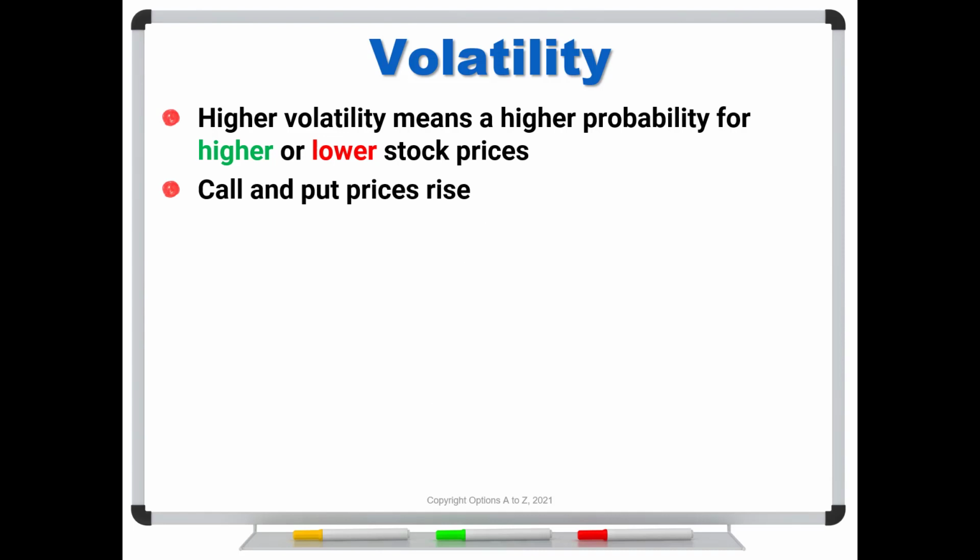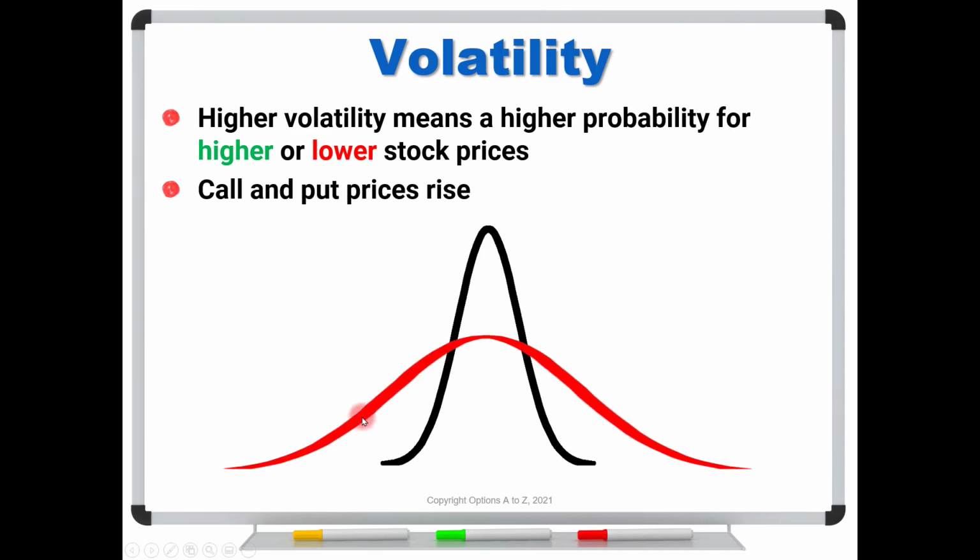So if we see, let's say, a bell curve sitting over our current stock price, remember that the bell curve is always situated right over the current stock price, and the width of the curve, which is the standard deviation of those prices, or what traders call volatility, shows the expected low and high ranges under this volatility. But if we are expecting higher volatility in our markets, that bell curve gets shorter and wider.